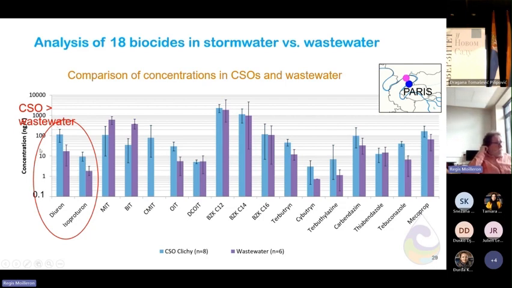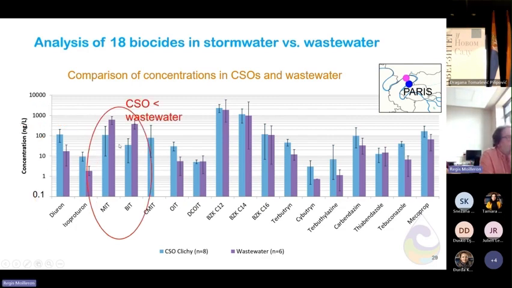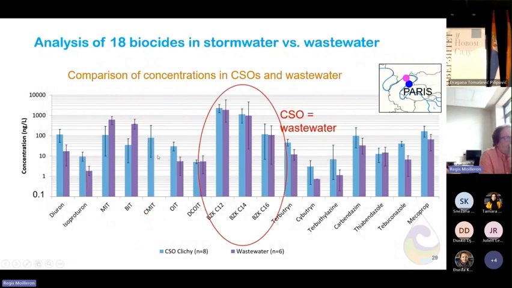It indicates that they are more produced from buildings, from runoff on the buildings. And some other molecules are much more concentrated in wastewater. So it means that they are more used in household, in domestic uses, and released in the end in wastewater. And some other molecules have equal concentration, so they are both used outside and inside buildings, and they can be found both in stormwater and in wastewater.